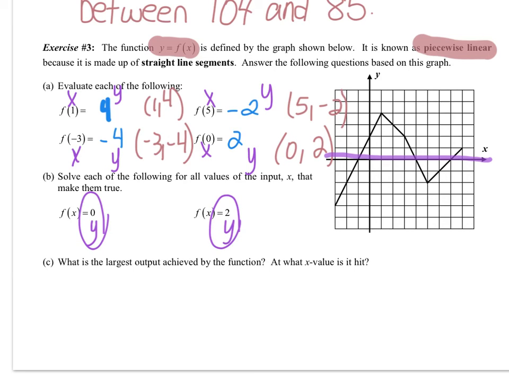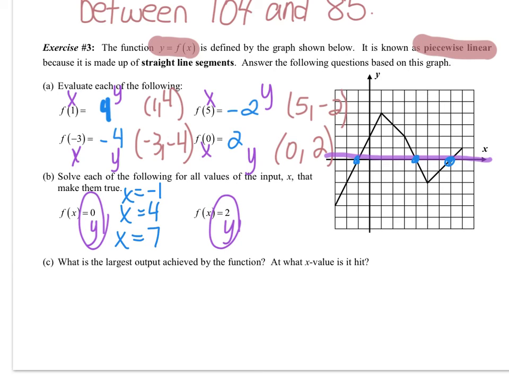So as you can see, we have quite a few x values. We have 3 x values where this is happening. We have an x value here at -1, 1, 2, 3, 4, 5, 6, 7. So the x values are at -1, 4, and 7, all when y is 0.